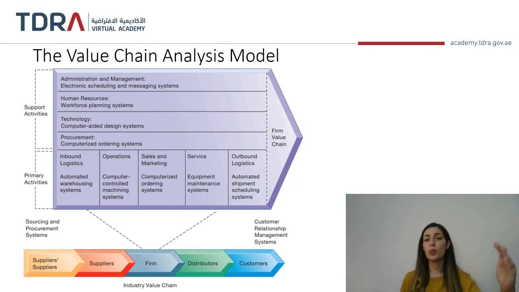Also, I have four support activities that support the primary activities in creating value added products to customers. So the support activities here are the administration and management. Like the top management must be very supportive. They must not be stressful. Otherwise, the technologies won't benefit us.